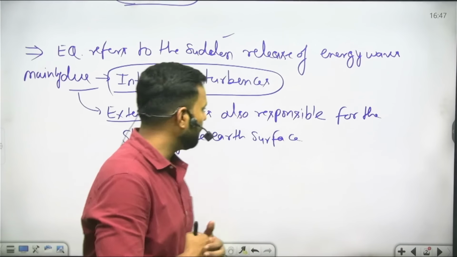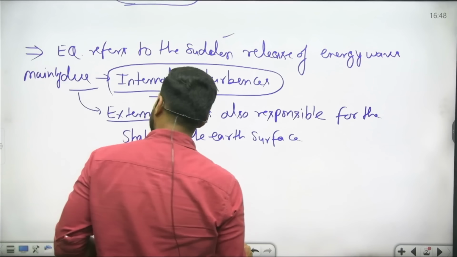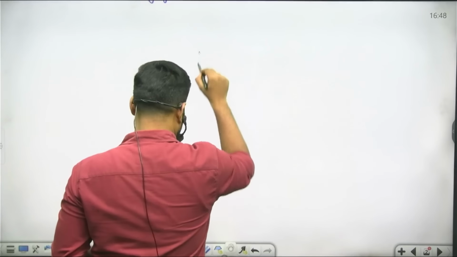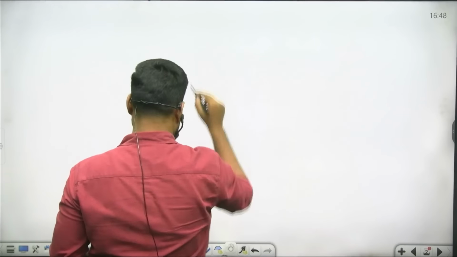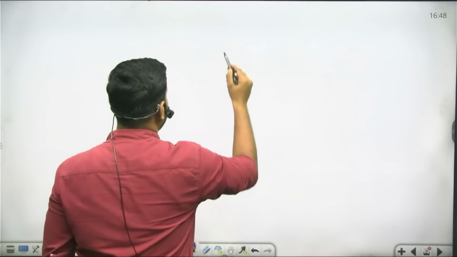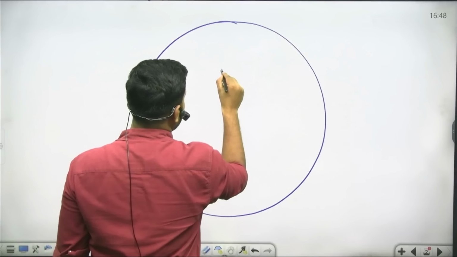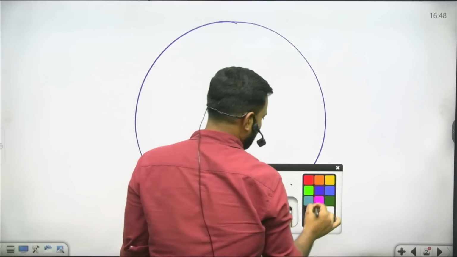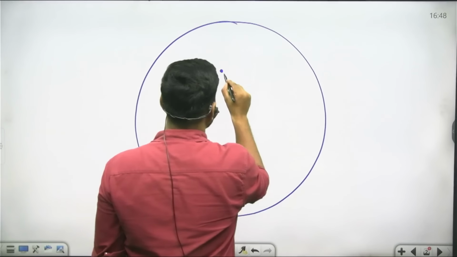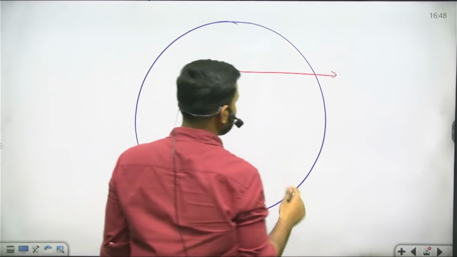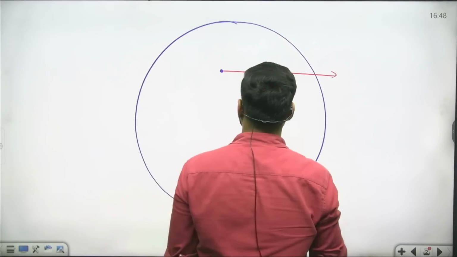तो ऐसे भी आप define कर सकते हैं. Now I just want to give you some basics about the earthquake. Suppose this is our earth and this is the area inside the earth where energy is first produced.